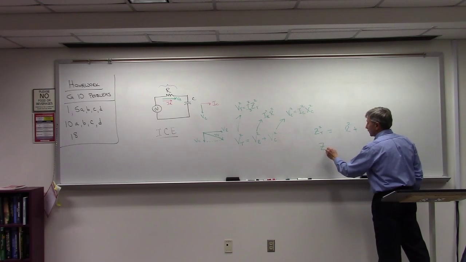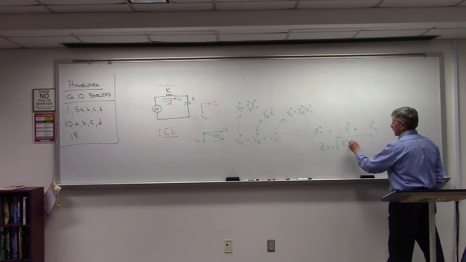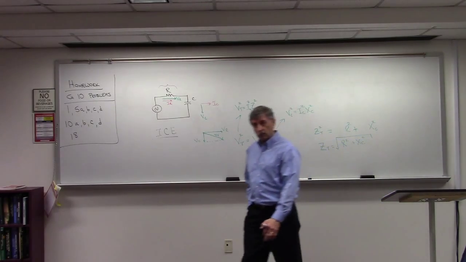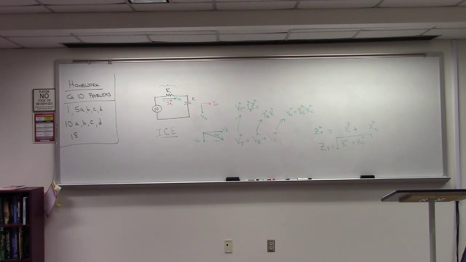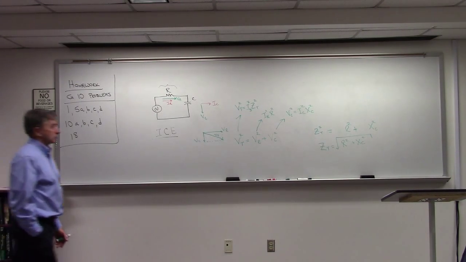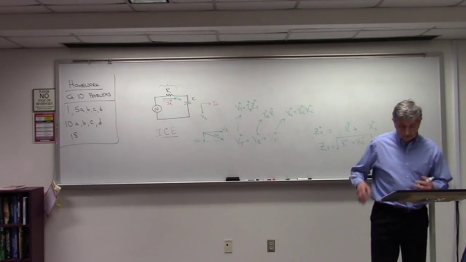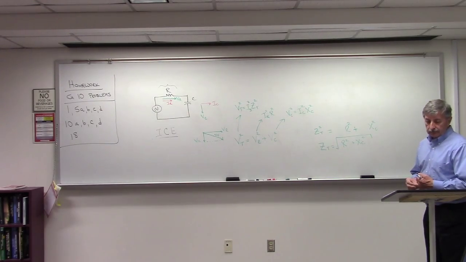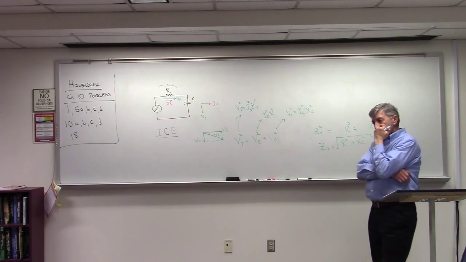The total impedance of that circuit is equal to the square root of R squared plus XC squared. Any questions? Getting it?